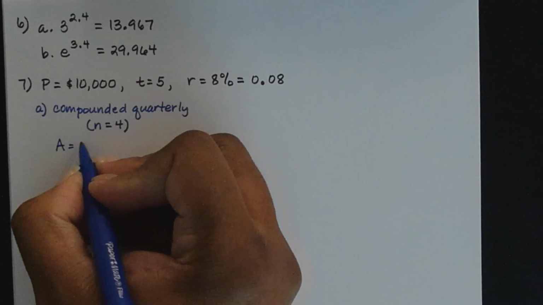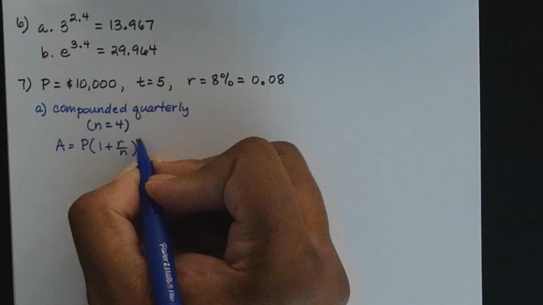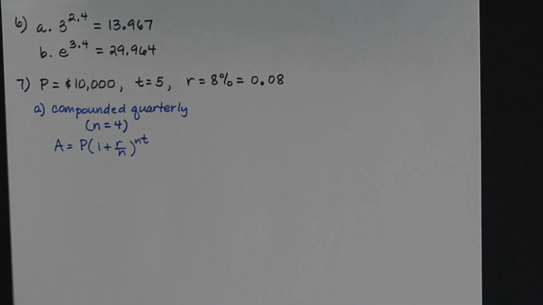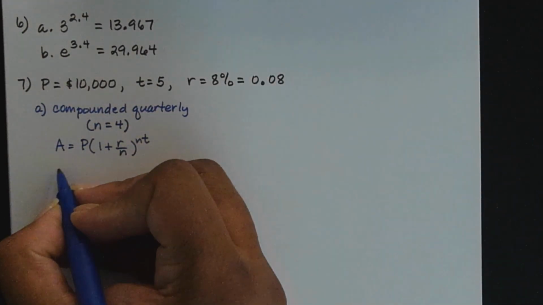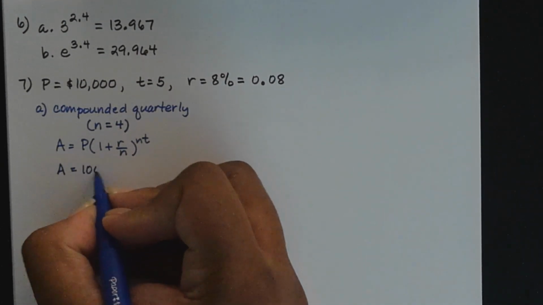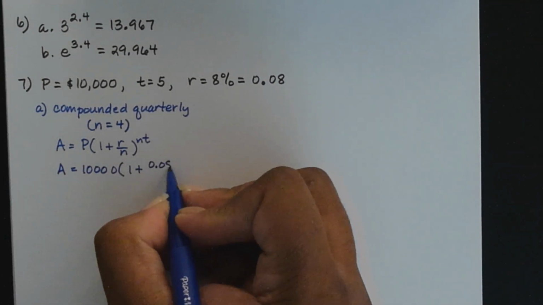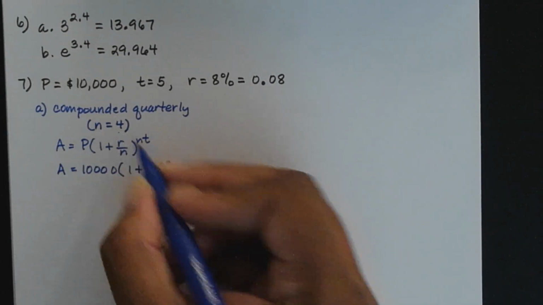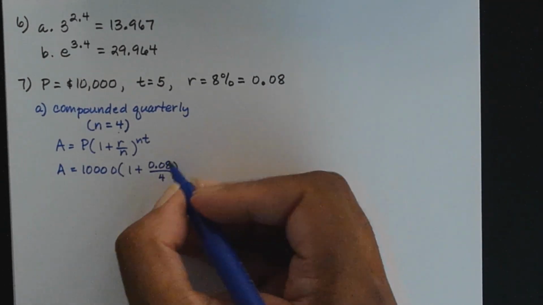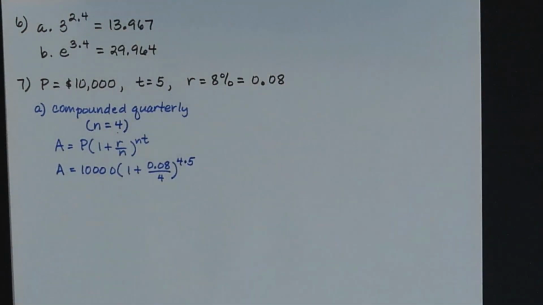A is equal to P times the quantity 1 plus R divided by n, and that's raised to the n times t. And then we just substitute those values into this compound interest formula. So A is going to be 10,000 times the quantity 1 plus 0.08 divided by 4, raised to the 4 times 5.